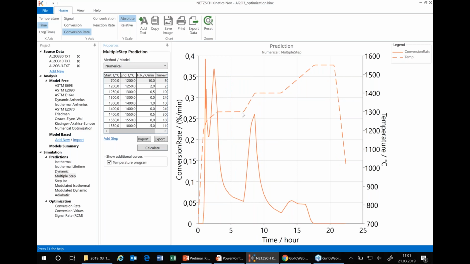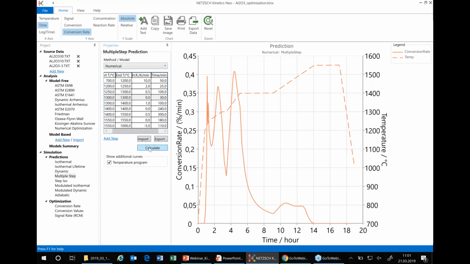The isothermal segment at 1300 centigrade is too long, and here the shrinkage almost doesn't happen because the shrinkage rate is too low. It means that here we lose time. Let's reduce this segment from 4 hours to maybe half an hour. Now it's better.